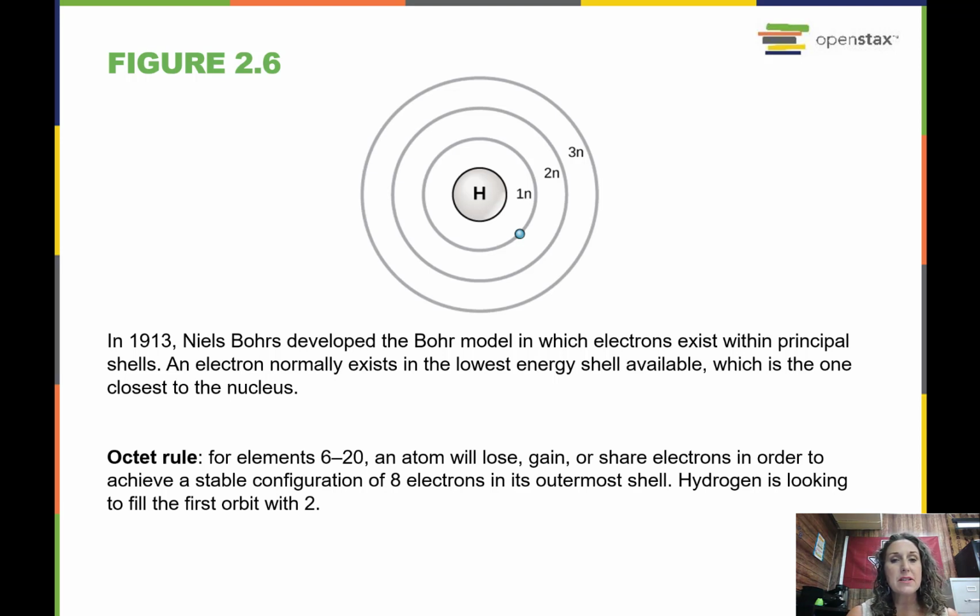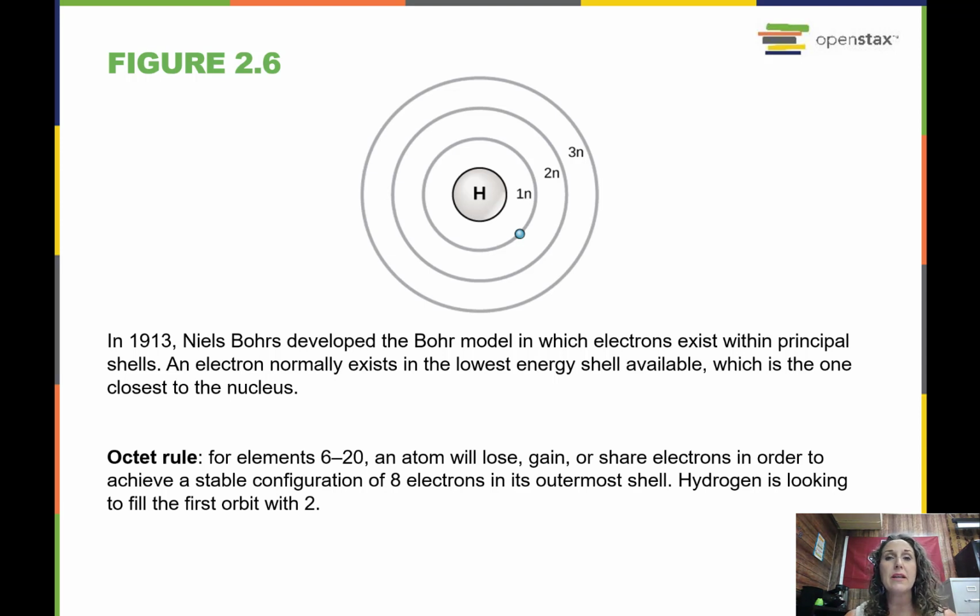So for elements 6 through 20, an atom will lose or gain or share electrons in order to achieve stable configuration. So what we'll be talking about in the next video is all the different ways in which an atom is going to try to share their electrons or donate electrons, because what they want is to be full at their outermost shell.